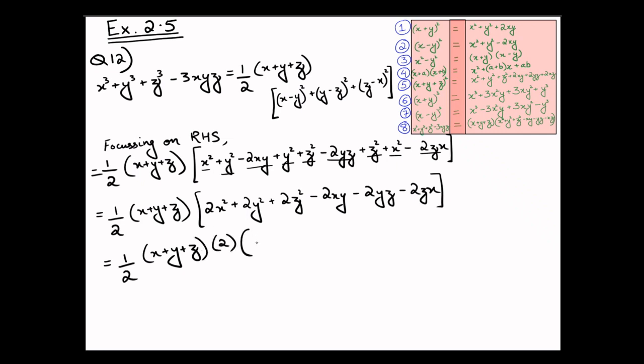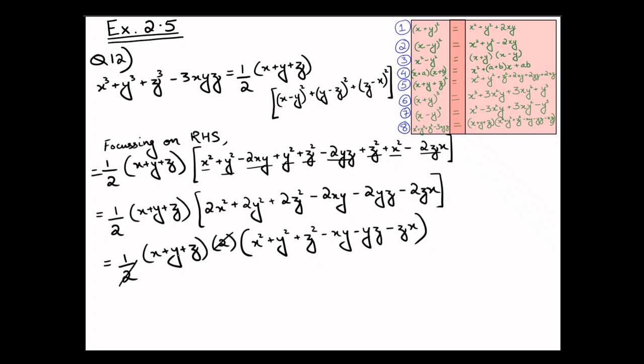And that way I'm left with x square plus y square plus z square minus xy minus yz minus zx. This 2 outside gets cancelled with the 1 by 2.